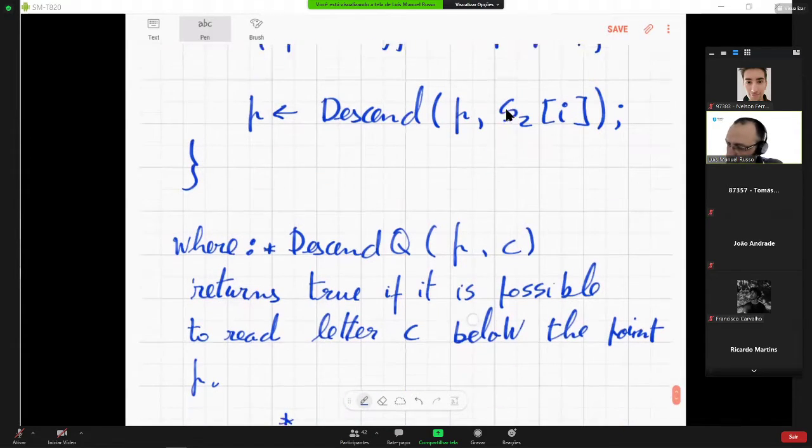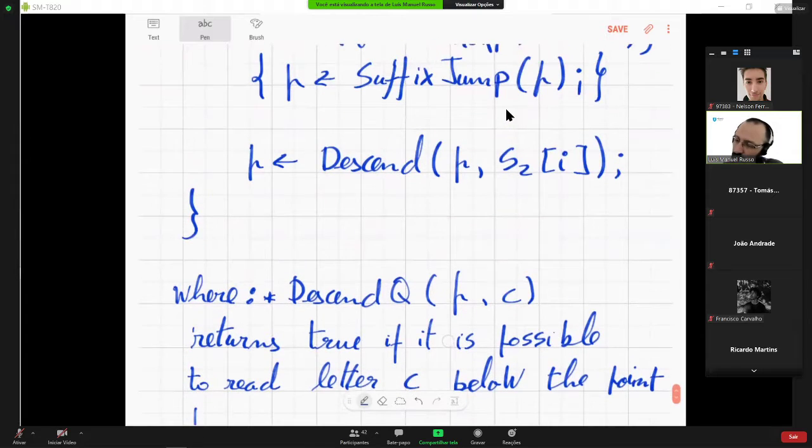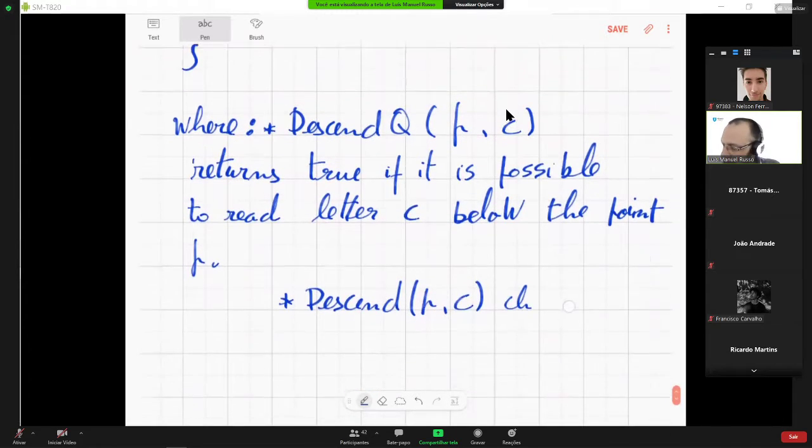So what else? We have descend Q. Descend actually changes the point. Actually it doesn't change the point because I reassigned it, but okay.